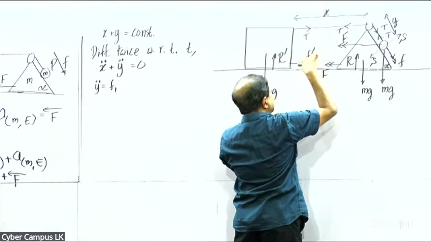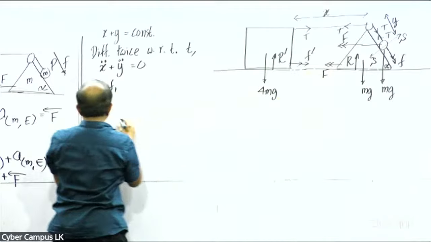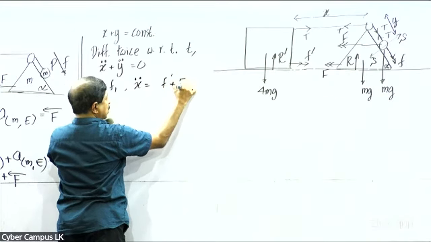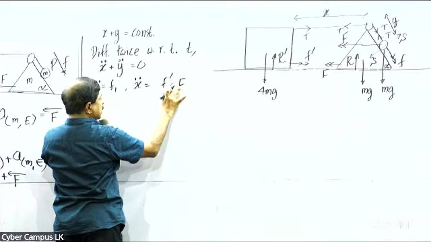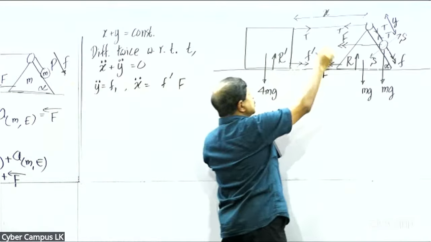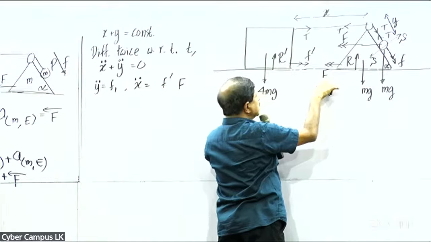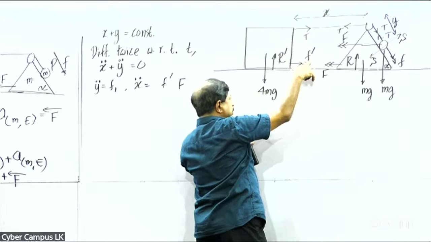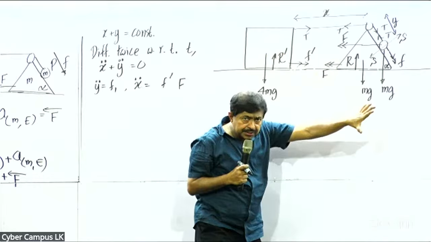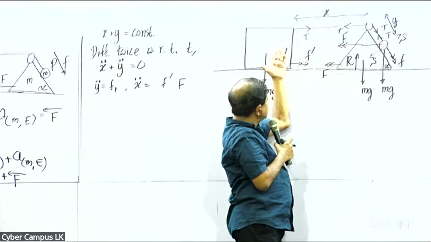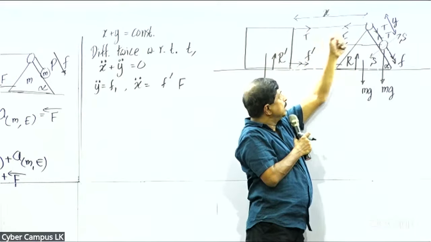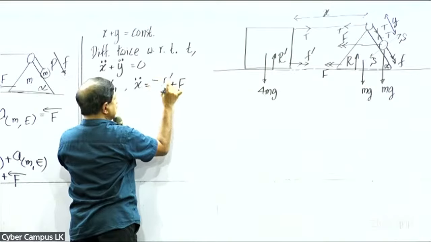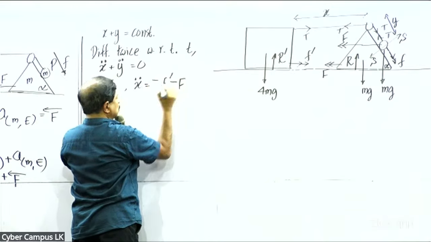So x double dot is equal to F dash plus F. But both have a negative impact because both decrease the value of x. If capital F moves in the indicated direction, x decreases. Therefore, you can take two negative values for both.